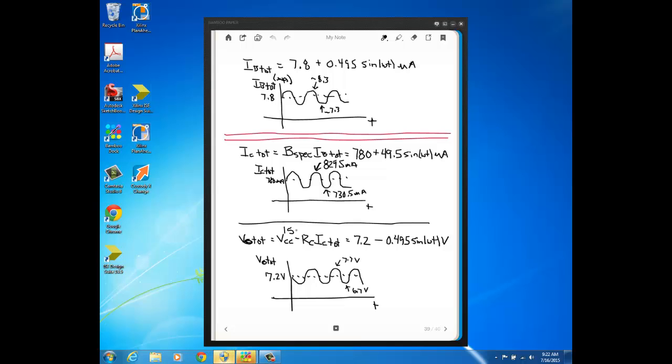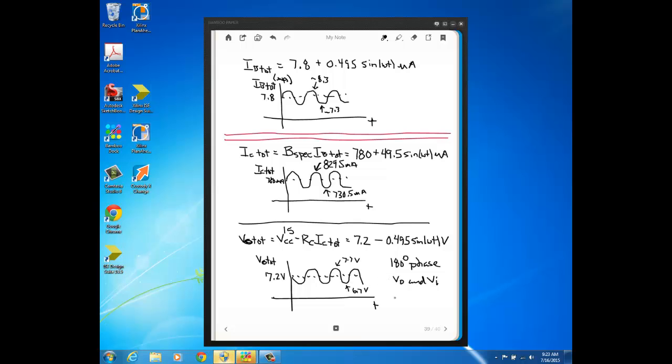Where this is a minus sign, V out starts on the negative half cycle. So with this type of amplifier, you'll have a 180 degree phase shift between V out and V in. If V in, like in this example, starts on the positive half cycle, your V out will start on a negative half cycle, and vice versa.